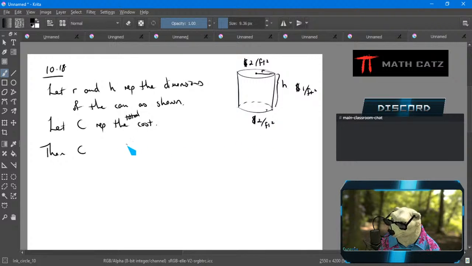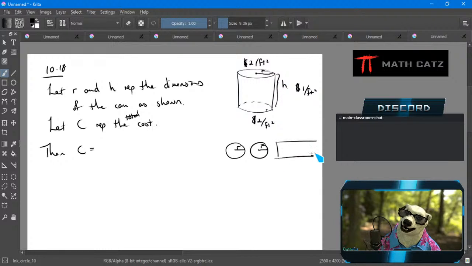So when I calculate the cost, I have to sort of separate the pieces here. I have the top and the bottom, radius r, and then if I cut the can and fold it out, I have a rectangular side. And all of those surfaces cost me some money. So I have two times the cost of the circle.